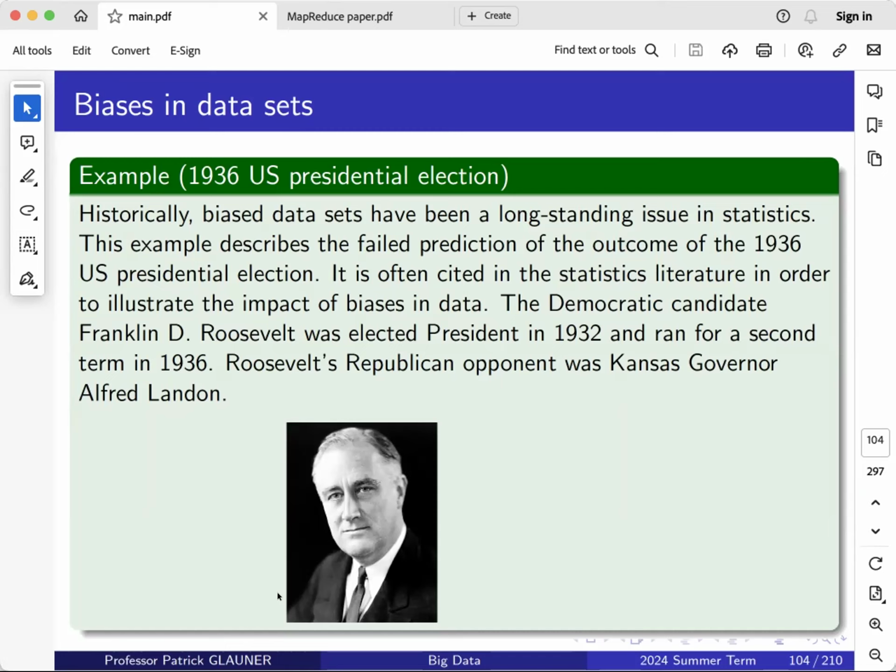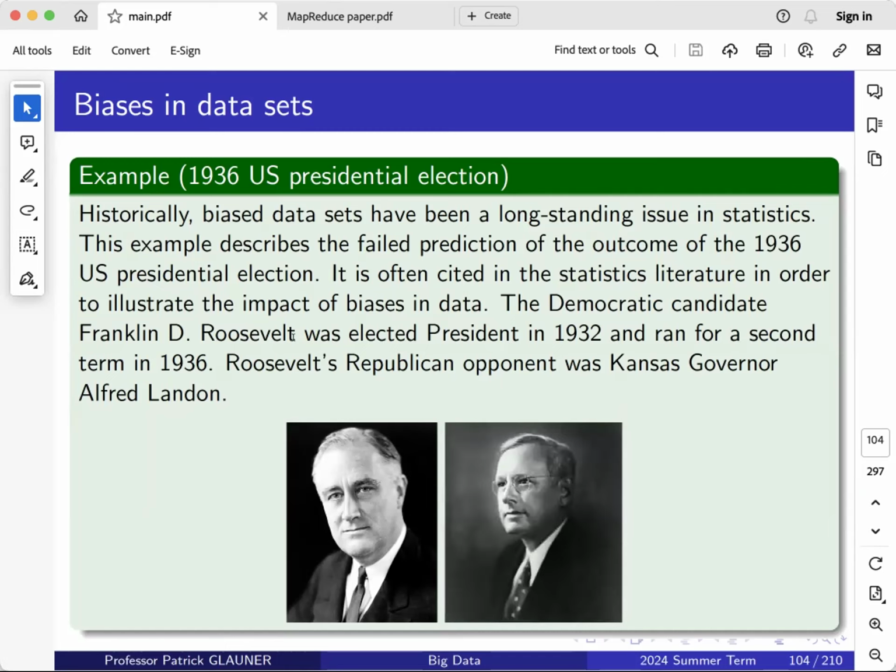In 1936, there was a presidential election in the US, and Roosevelt was running for re-election. He was elected in 32 and was running for his second term in 36. He was from the Democratic Party, and his challenger was from the Republican Party, Alfred Landon, the governor of Kansas at that time.